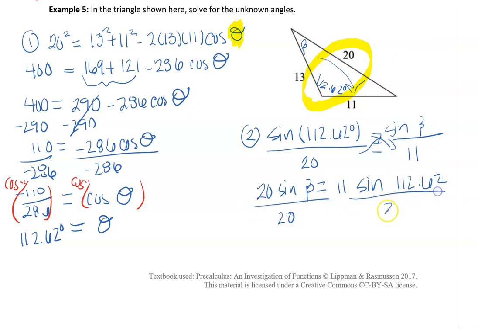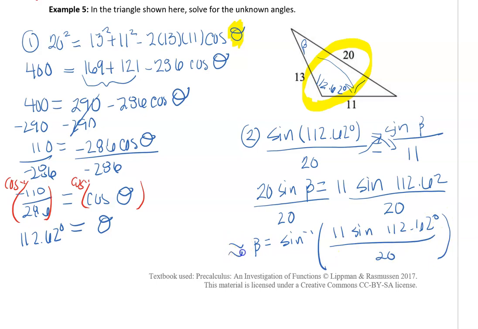And divide by 20. And arc sine both sides, so that gives me beta equal to arc sine of 11 sine of 112.62 degrees divided by 20. Approximately, once you plug and chug through that calculation, 30.51.